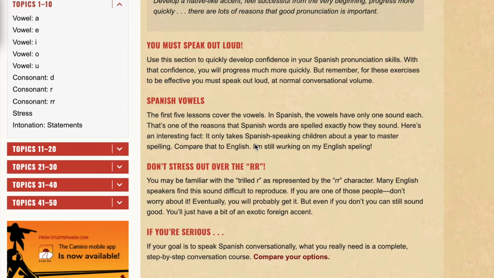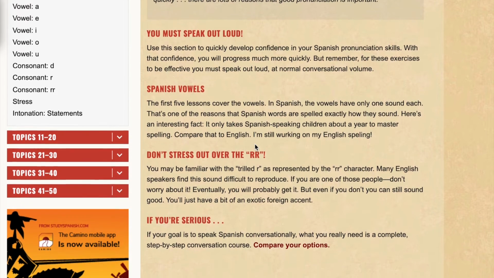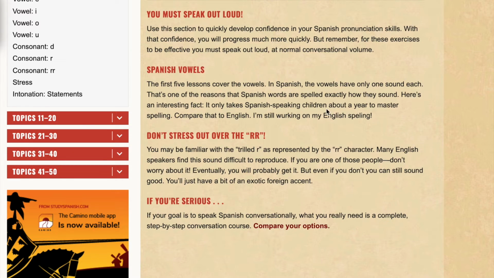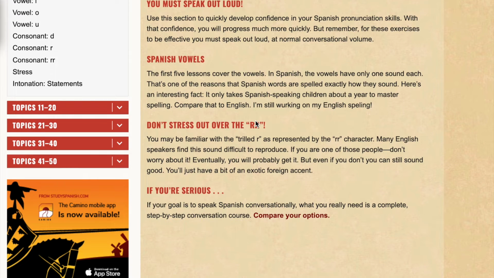All right, coming to the third point here, it says don't stress out over the RR. Well, it says that you may be familiar with the trilled R as represented by the RR character.